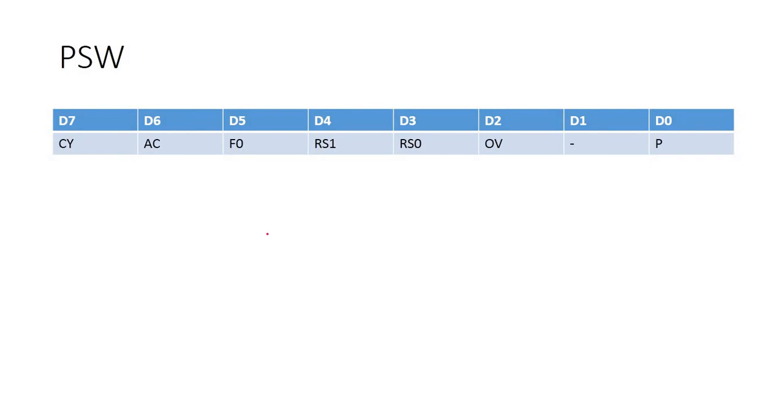If I write CLR PSW.3, after execution of this instruction the processor will set RS0 to 0. If I write PSW.4, it will make RS1 0. If I write PSW.7, it will make the carry flag bit 0. Fine.